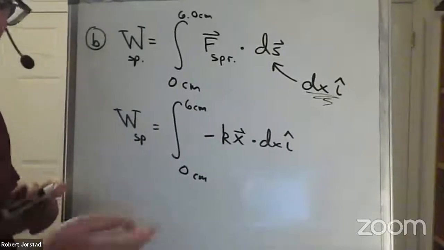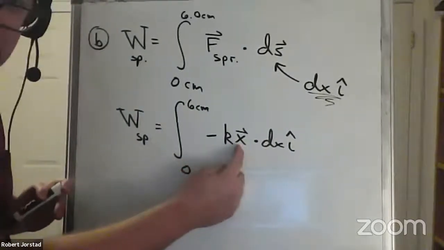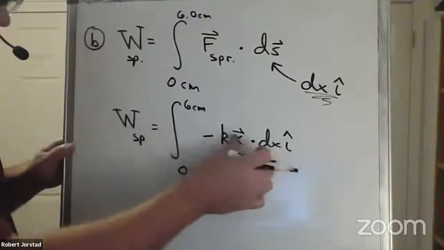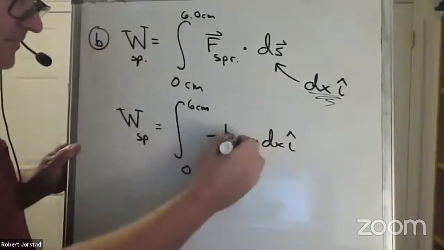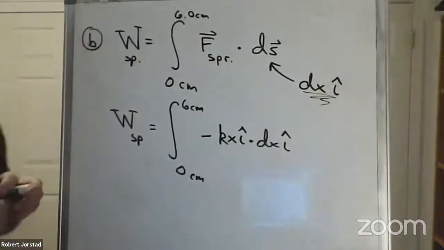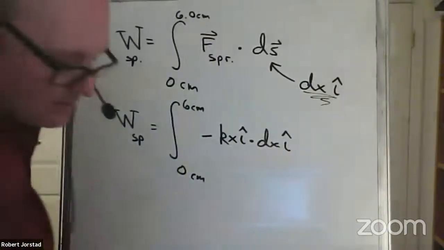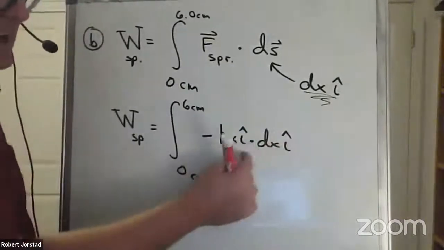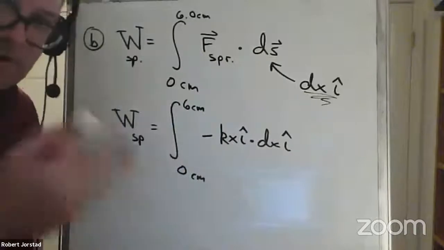Well, by definition, isn't this x vector also x in the I hat? So in this particular problem, everything's going to the right. So that's how I got these I hats involved instead of a ds. And generally, this is what we do.